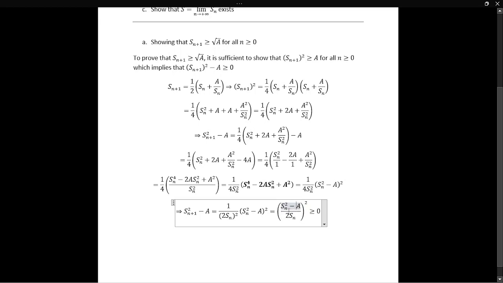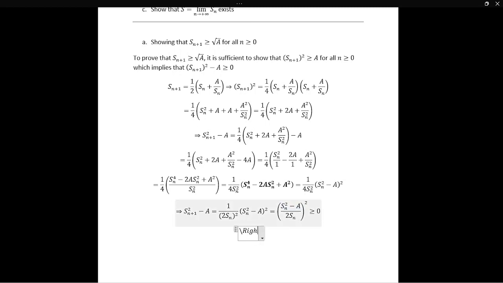In fact, we are just saying that whenever you square any quantity, the result is always greater than 0, and the result could also be equal to 0 if that quantity is 0. For this quantity to be 0, it suffices that the numerator is 0, and that is a possibility. So we have just proven that.